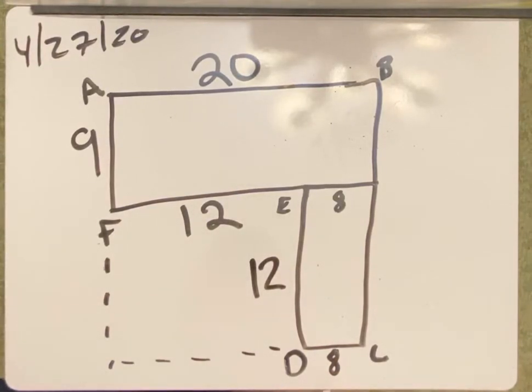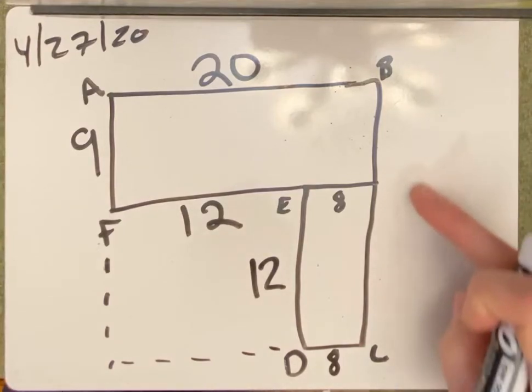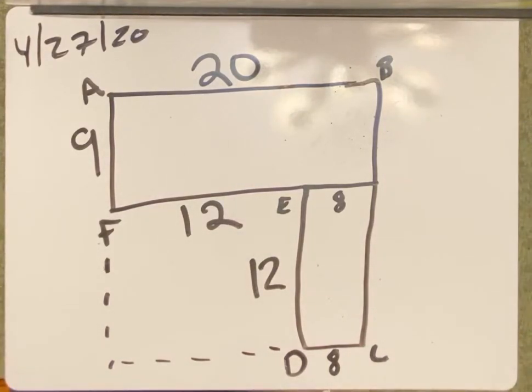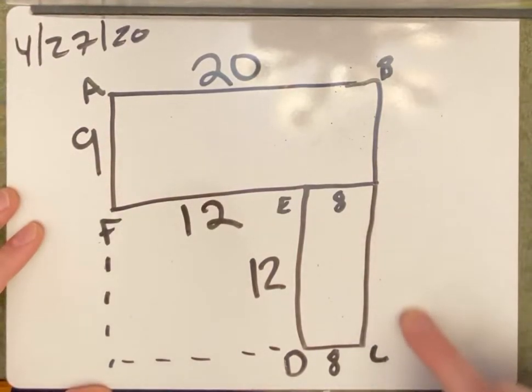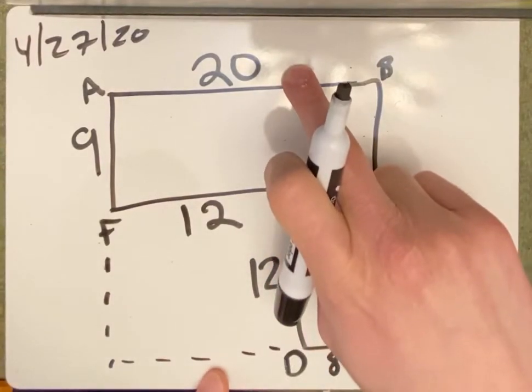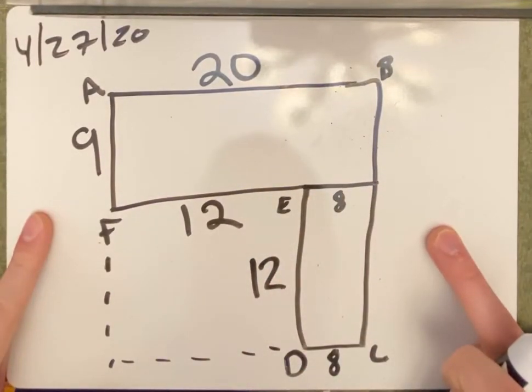So, the other side that I need to find is going to be BC right here. Okay? So, what's going to help me with this? Well, if I'm looking at my imaginary line, the whole thing here is equal to the whole thing here, right? We got a rectangle here, so these two sides are the same, and these two sides are the same, okay?